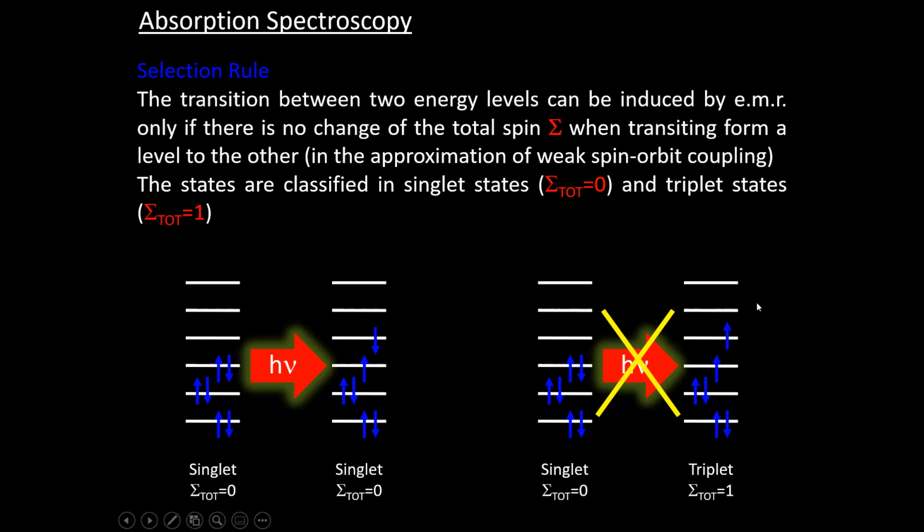And this type of state of the molecule is named a triplet state, because you are in a configuration of the spin where you are combining with the same direction two spins with 1/2 value. Okay? So you cannot have transitions that are governed by light in which you change the spin of the molecule. Okay?